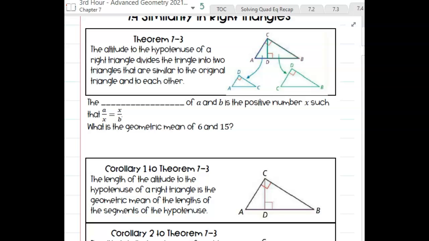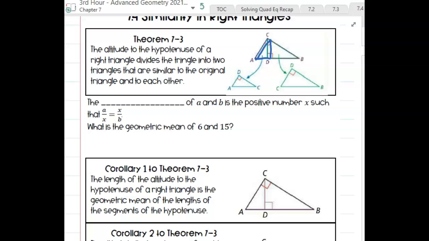When I draw this altitude, I take this big original triangle and create two smaller triangles. They're twisted and turned and flipped a little bit here. If you take this triangle on the left, triangle ADC, you can see it right there.